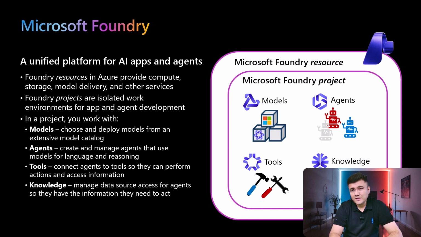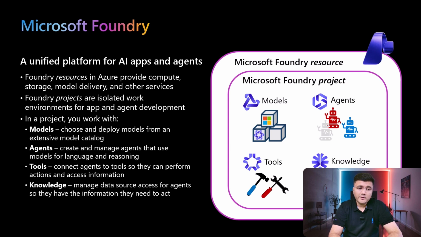And when you're creating agents, you will need two things. As you can see, the remaining two things are tools and knowledge. In order to perform some task, your agent needs tools. And in order to give proper answers with accuracy and relevancy, your agent will need some kind of knowledge source. Both of these things are also something which you can deploy with a Microsoft Foundry project. Your tools allow you to associate actions with your agents, so your agent can perform actions and tasks with the help of these tools only.